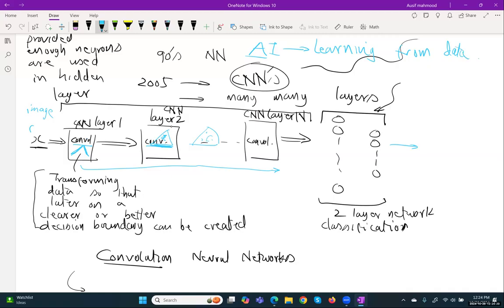So what convolution should it do in the first layer, second layer, third layer? We don't tell it. We, in fact, will create a kernel and we will randomly initialize it. So obviously it will do a poor job in the beginning.